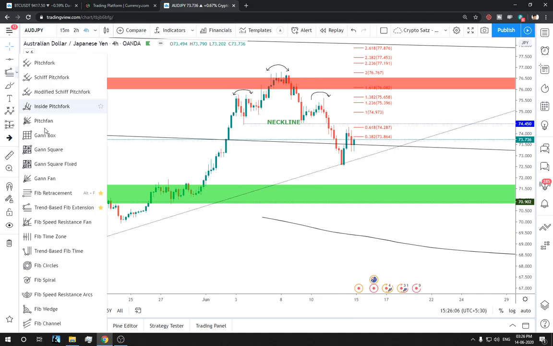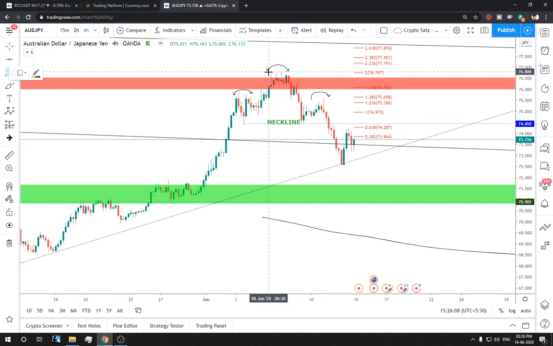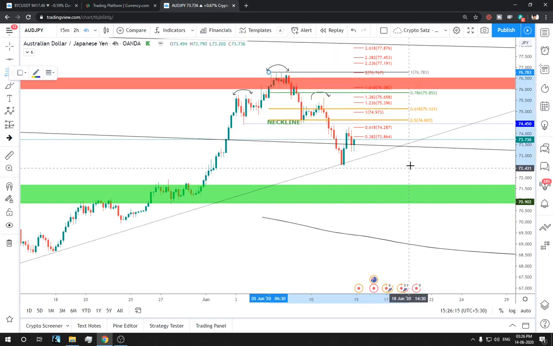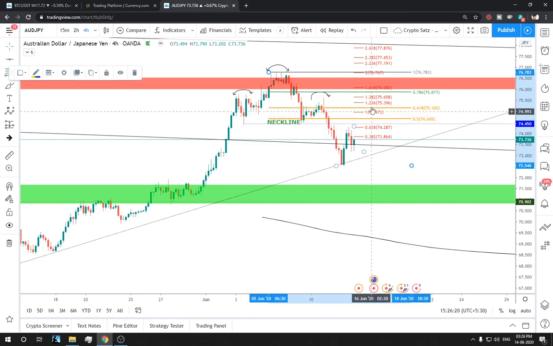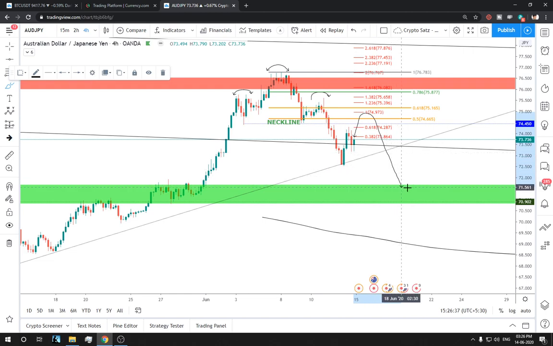So we would have a B wave, which is a retrace of this downward move. Let's see what confluence we have. Yes, we have confluence in this region, and also resistance over here and the 0.618 golden ratio. So something like this is possible: it bounces off, then it goes up.